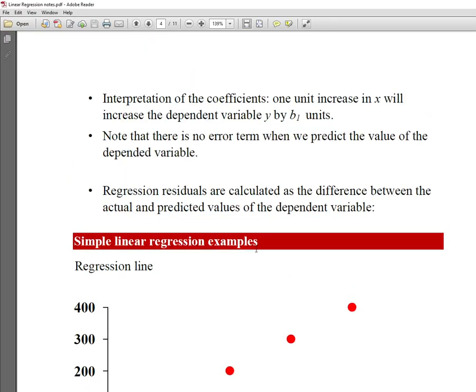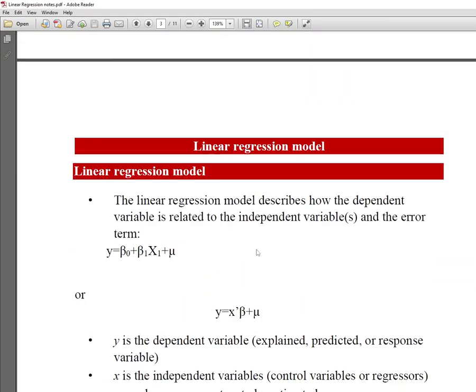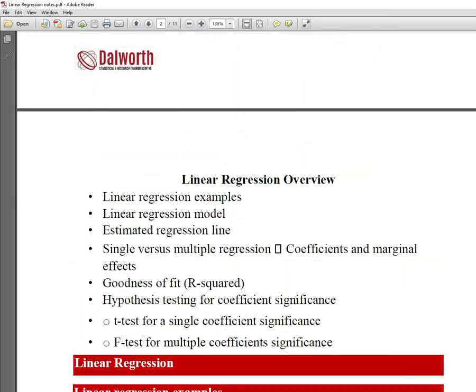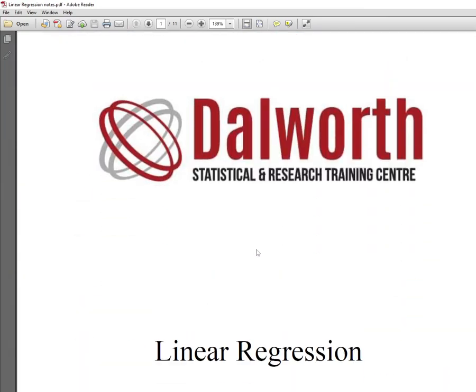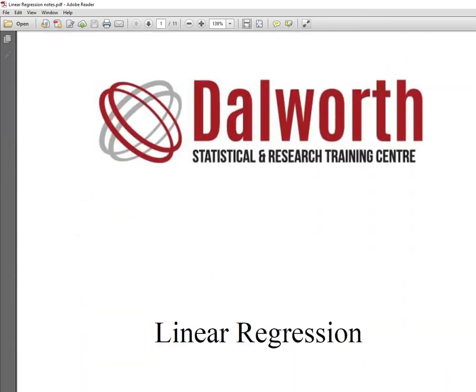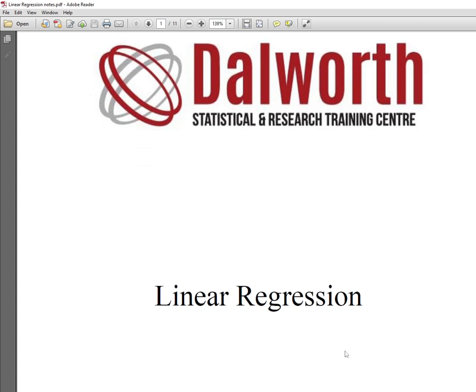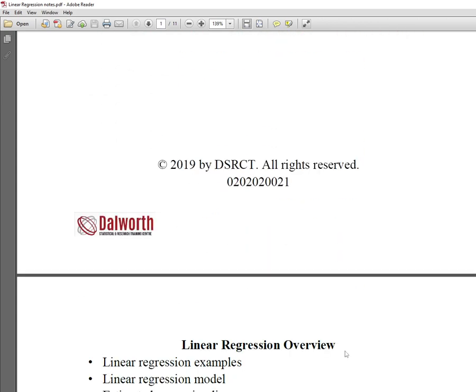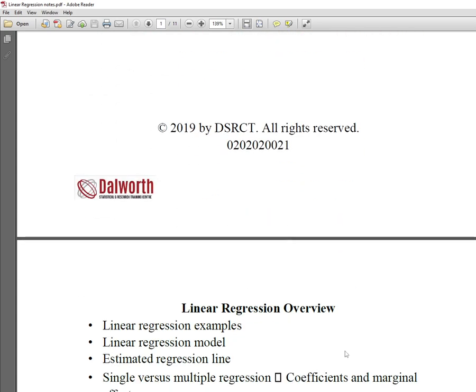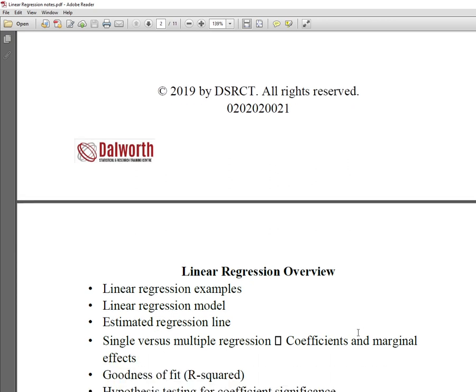You have the notes, so whatever I'm going to talk about today, you already have this document with you. It's more like a summary as far as regression is concerned.